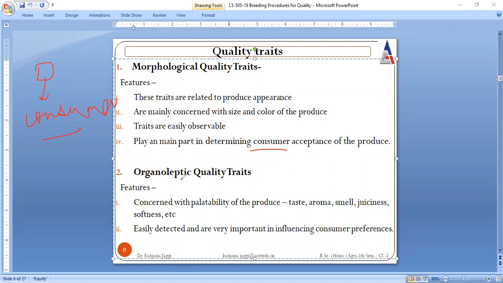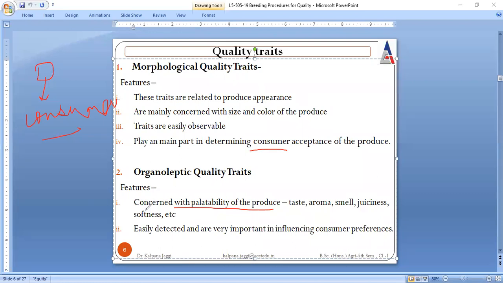Second is all about organoleptic quality traits, and these include the features which are concerned with palatability of the produce. Within the palatability, we talk about taste, aroma, smell, juiciness, softness.